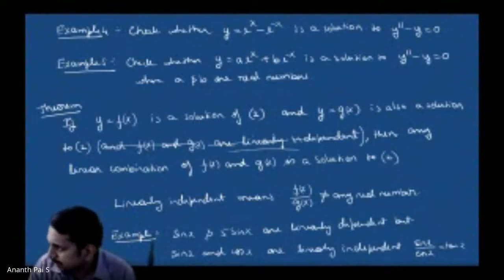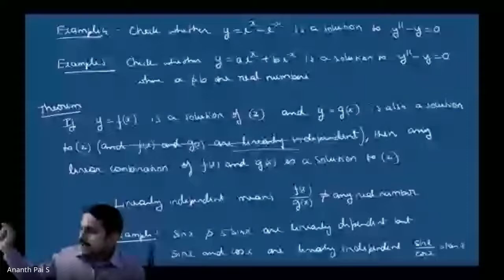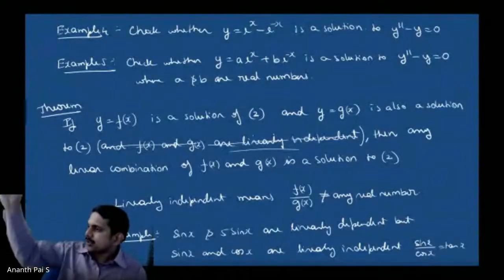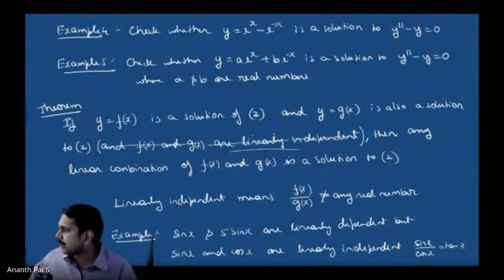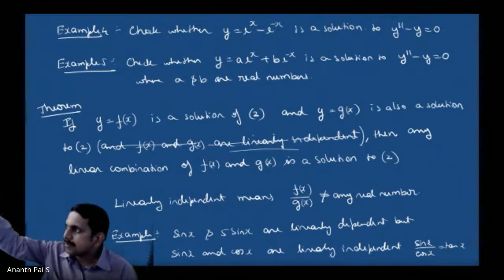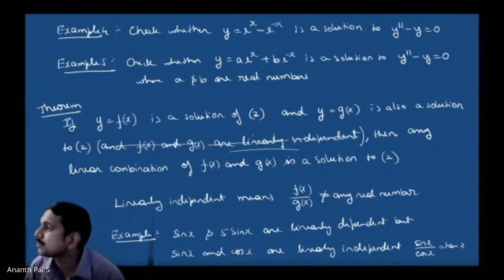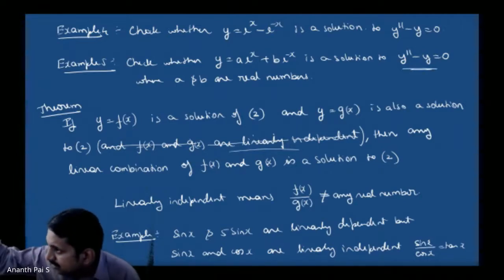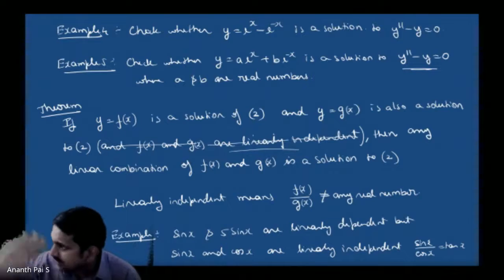For example, e power x and 5 e power x. These two are not linearly independent. But e power x plus 5 e power x is also a solution. For this equation, e power x is a solution and 5 e power x is a solution.